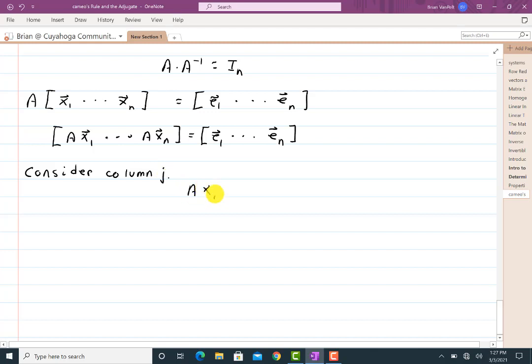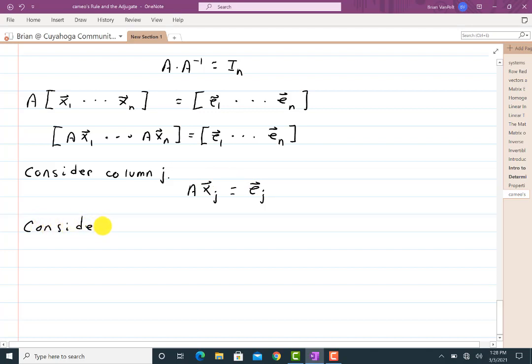We have A, X sub, well, I want I because I did that last time. I better make sure that I don't mess these up. So let's put this as a very clear to see J. And using the equation that I have, this is equal to E sub J. And I gotta watch my J's.